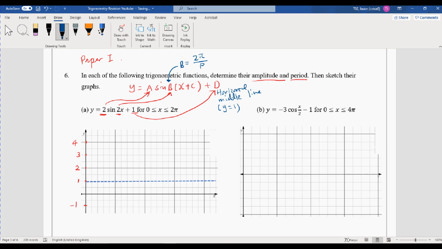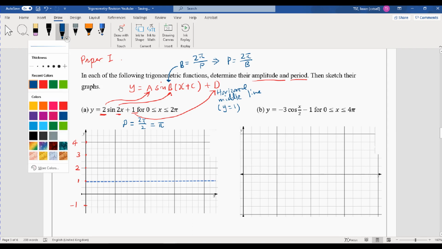That means period equals 2 pi over B. What would be the period in this case? Period equals 2 pi over 2, which is pi. Pi means 180 degrees.